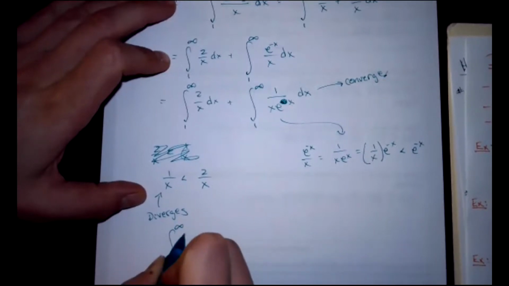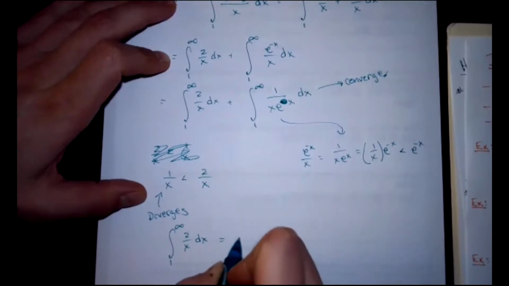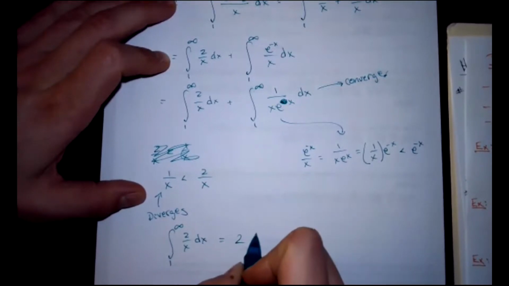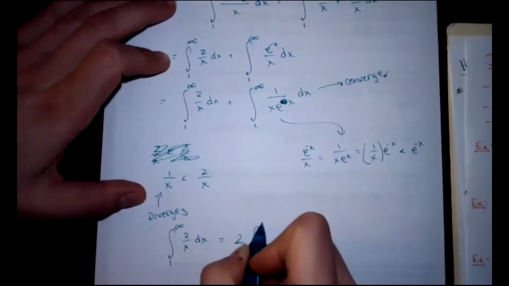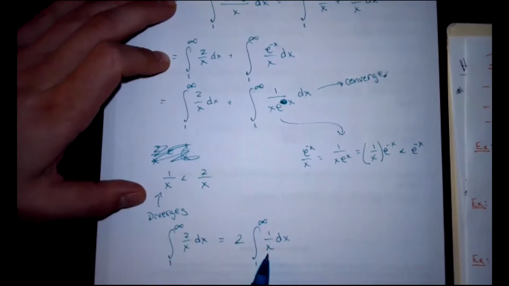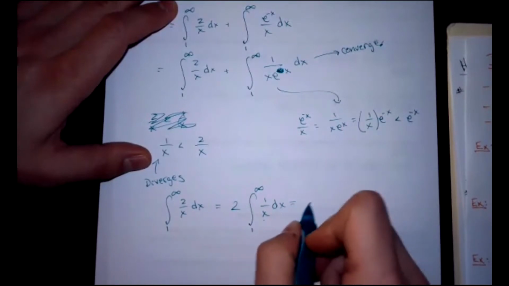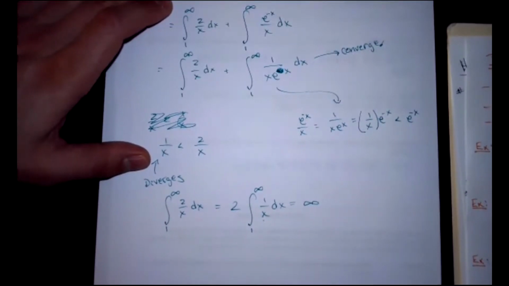Alternatively, you can kind of think that the integral of 1 to infinity of 2 over x dx, this isn't using a comparison test. This is essentially just using the known fact that 1 over x dx diverges off to infinity. And of course, 2 times infinity is still going to be infinity.